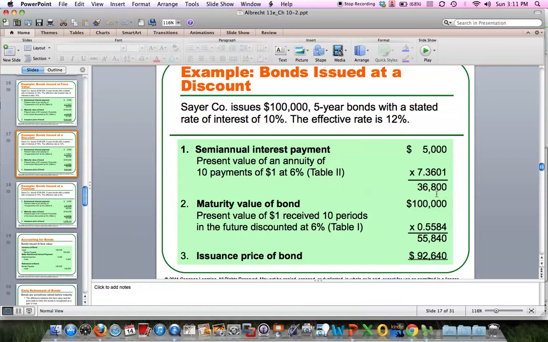And we get 36,800 as the present value of all of the interest payments. And then the present value of the $100,000 principal payment is 55,840. So together those two equal 92,640. So when I sell this bond as Sayre Corporation, I would expect to receive a check for 92,640.